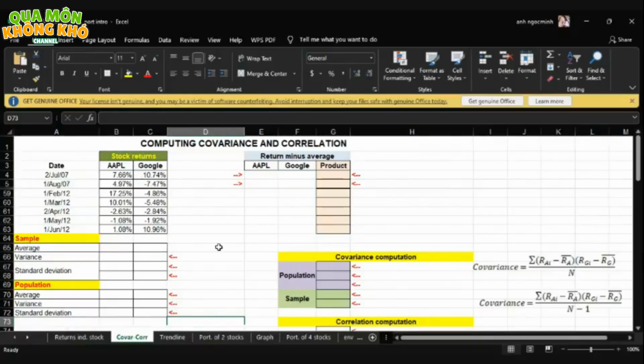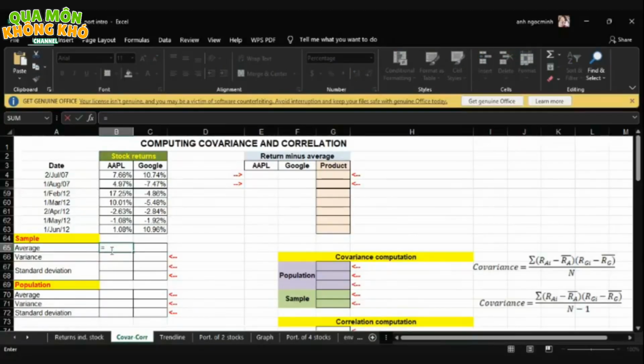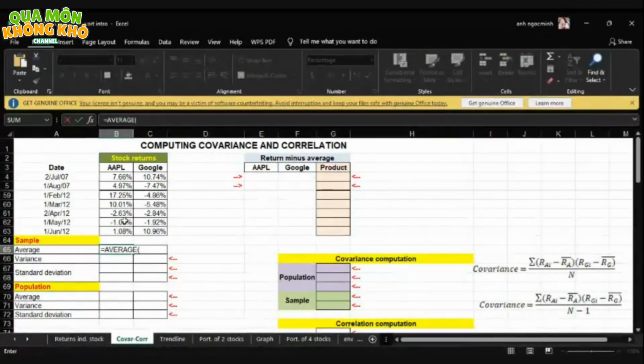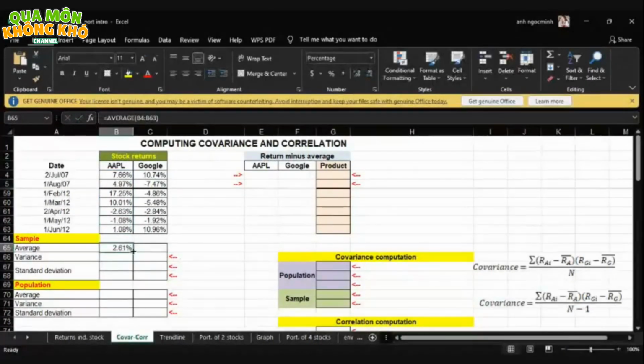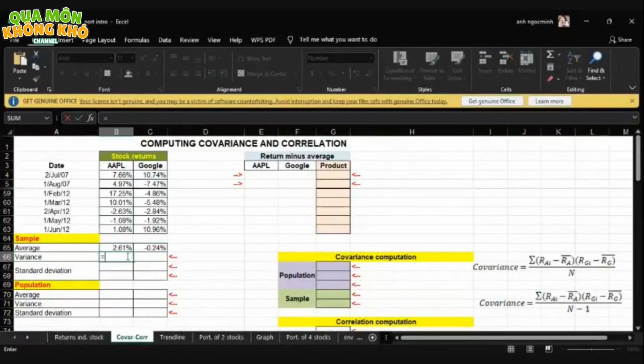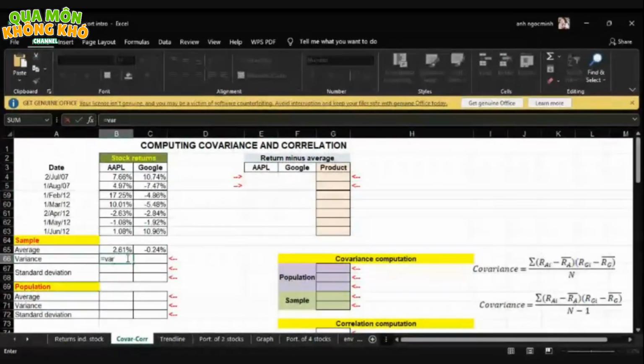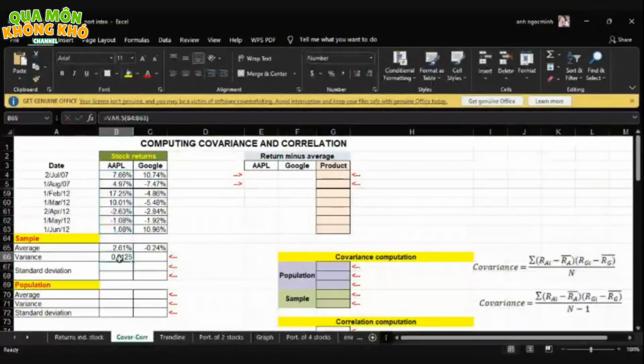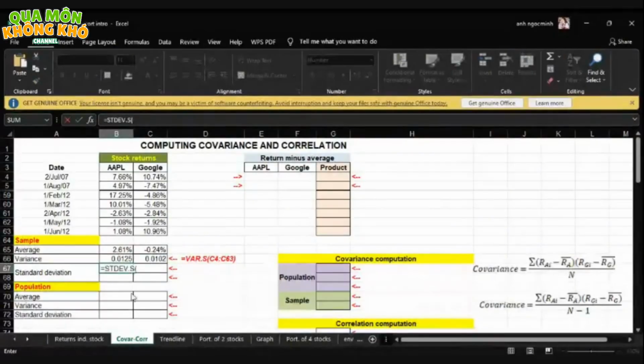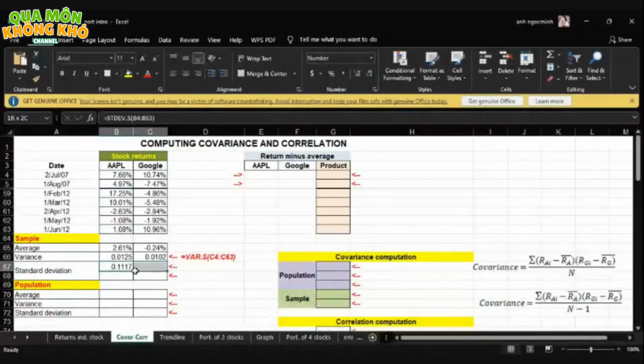First, I would like to calculate the return variance and the sample standard deviation.